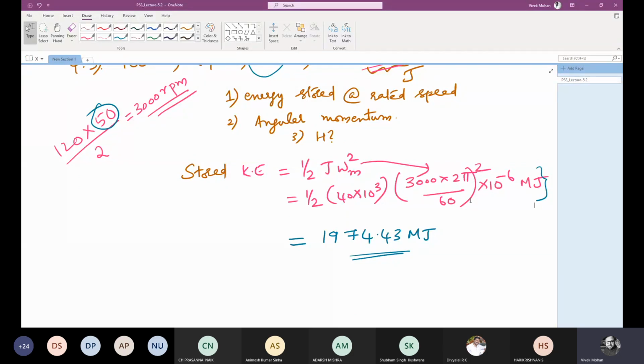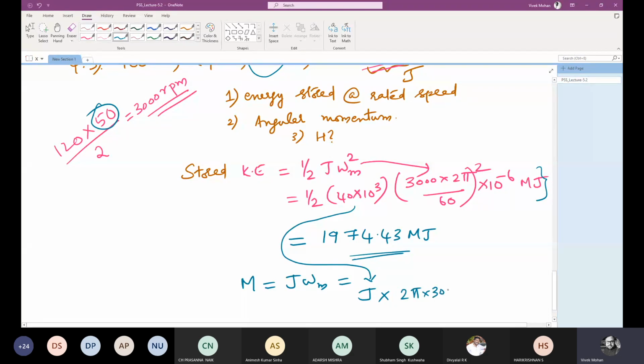Now, what's the second part of the question? Angular momentum is asked, right? How will you find it? It might be J omega. J into omega m, which is equal to, again, this one. J into omega m is the same, 2 pi into 3000 by 60, into 10 raised to minus 6.